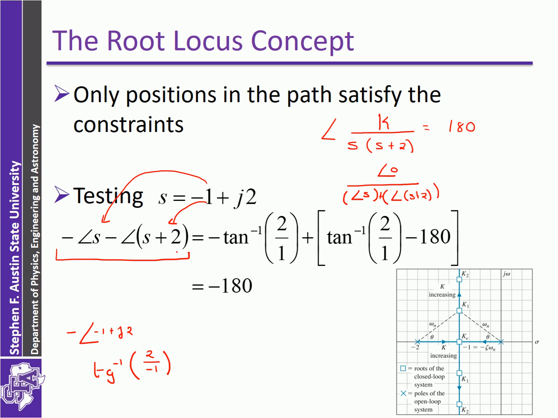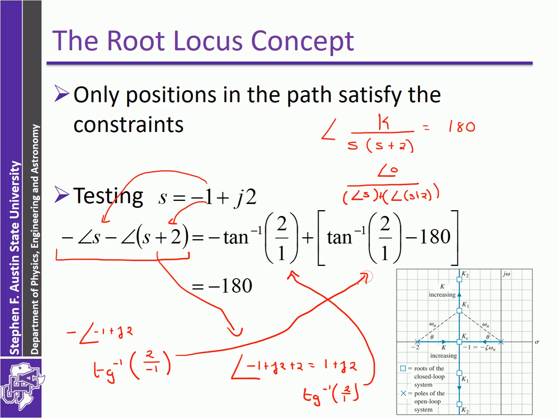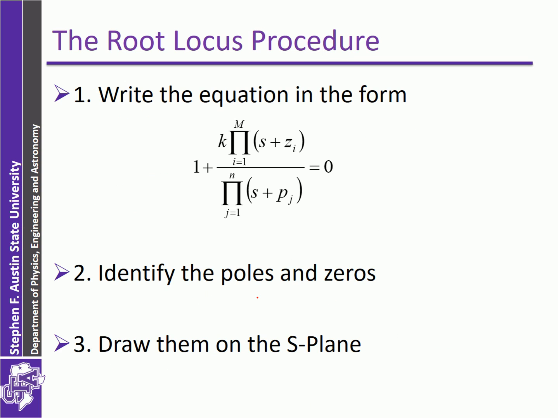And on the other one we have the angle of -1 plus j2 plus 2, which is equal to 1 plus j2, so this is the arctangent of 2 over 1. This one corresponds to the value here, and this one corresponds to the value here. When we plug the values into the calculator, what we obtain is an angle of minus 180 degrees. So we know this is satisfied. This is working the way we expected.